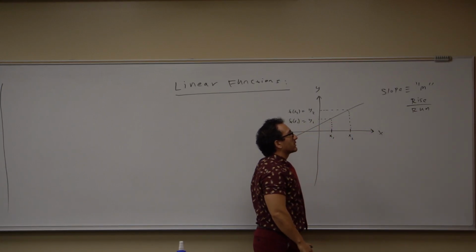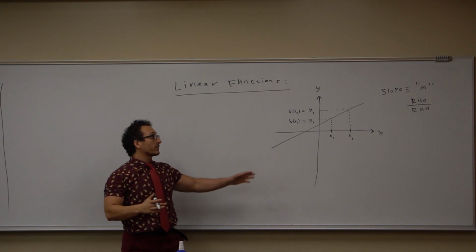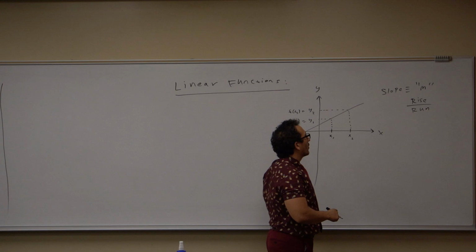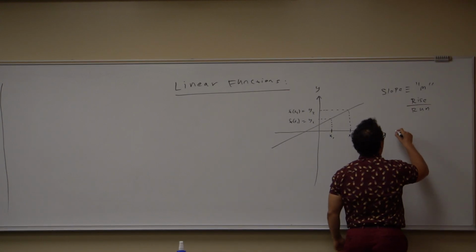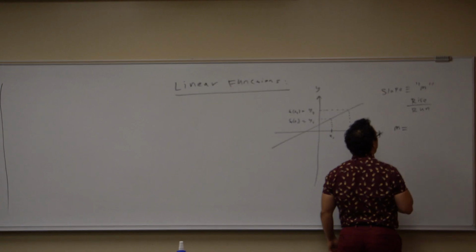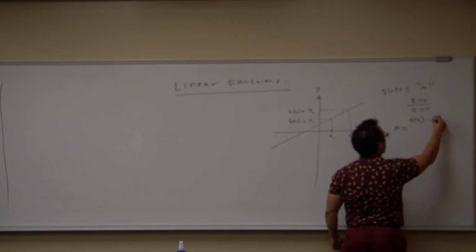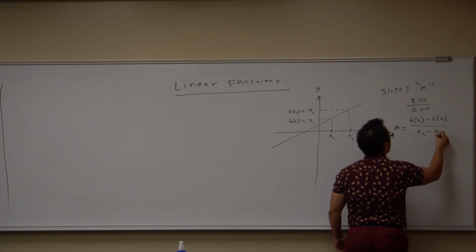Many times people have described slope to you as the ratio of the rise of the line divided by the run of the line. Well, that's one way to define it, but in terms of rigorous mathematical definition, M is really the difference between your f of x2 minus your f of x1 divided by your x2 minus x1.